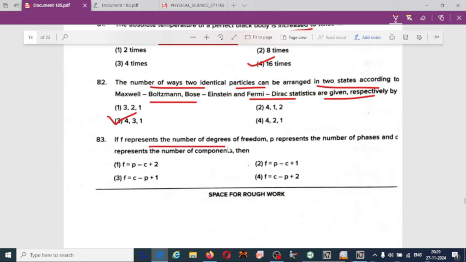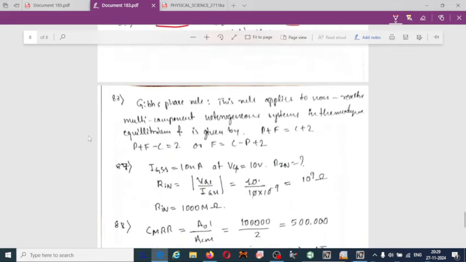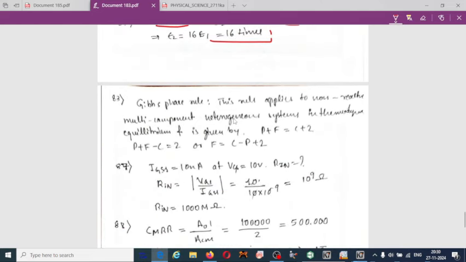If F represents the number of degrees of freedom, P represents the number of phases, C represents the total number of components, then according to Gibbs phase rule, which applies to non-relativistic multi-component heterogeneous systems in thermodynamic equilibrium, it is given by P plus F equal to C plus 2.